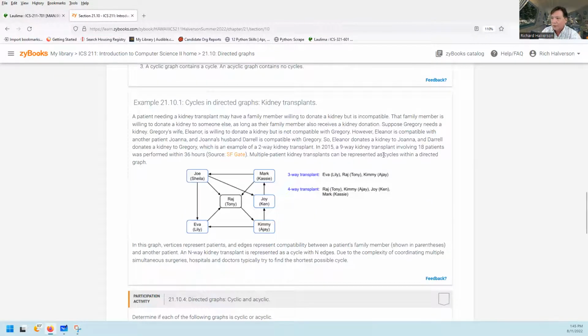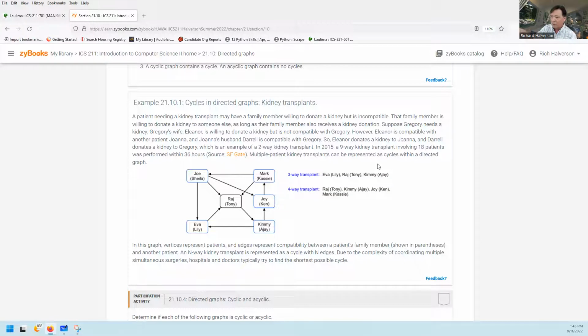And here's an example of cyclic directed graphs regarding kidney transplants, and I guess maybe they really do this. If you want to donate your kidney to a loved one, but they're not compatible, there could be somebody else who wants to donate their kidney to their loved one, and they're not compatible, but maybe yours is compatible with their loved one, and their loved one is compatible with your loved one.